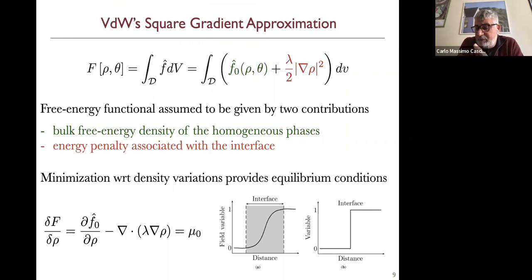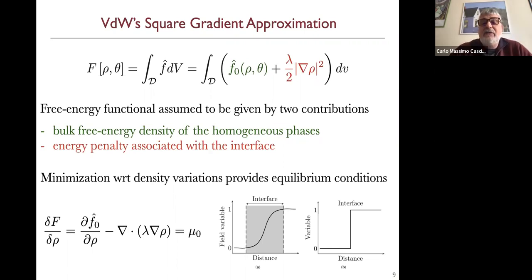In particular, for the problem at hand, the relevant fields are the density field rho and the temperature theta. So the free energy of the system is going to be a functional expressed as an integral of a bulk free energy density, f_0, which locally depends on density and temperature. From that, we assume that we have an equation of state of some sort, for instance, a van der Waals equation of state or something else.